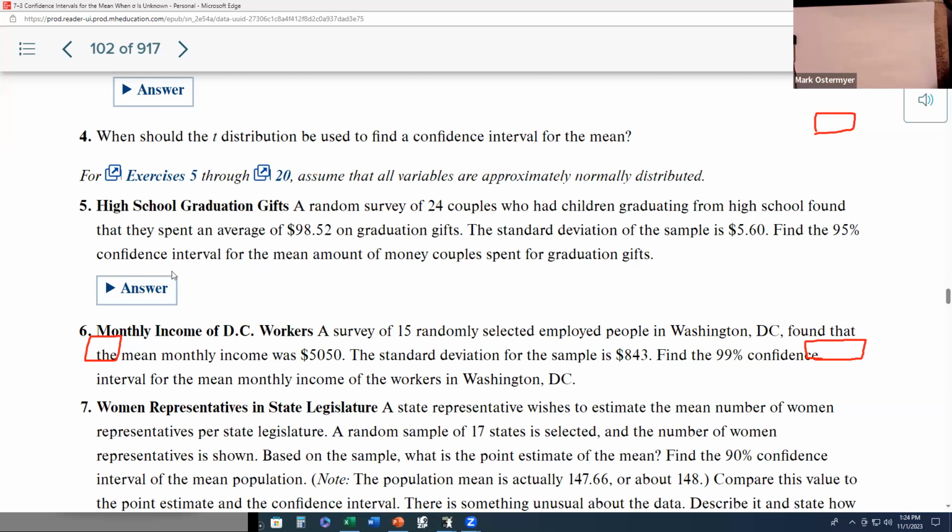Find a 95% confidence interval for the mean amount of money all couples in the entire population, which could number well into thousands, spent for graduation gifts here. So build a 95% confidence interval for the unknown population mean. Go ahead, ladies and gentlemen, and do that problem. That'll be called classwork number 1.